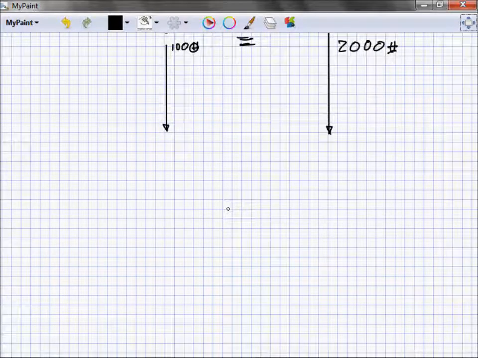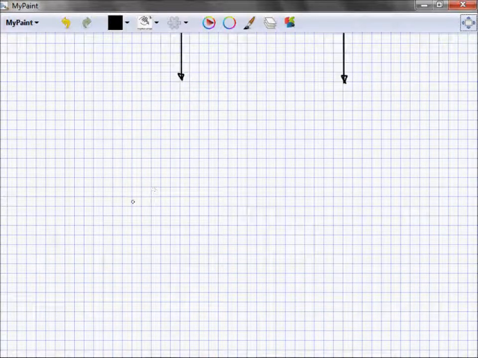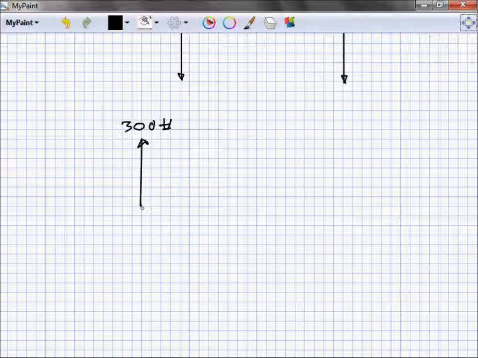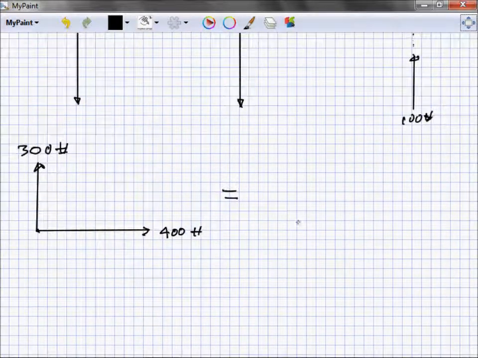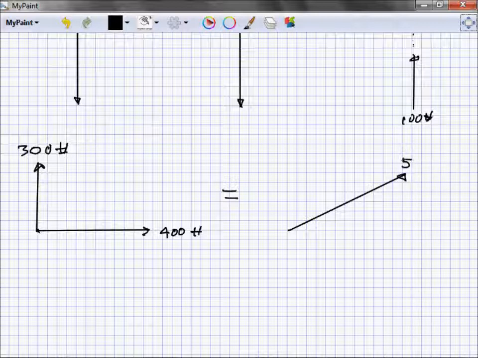The other one that we're really going to get into is if you've got a load that comes up, 300 pounds, and you've got another load that goes that way, that's 400 pounds, that is equal to a load that comes up at a diagonal that is 500 pounds.